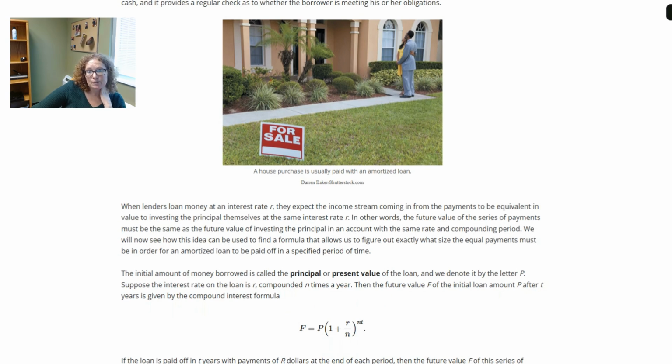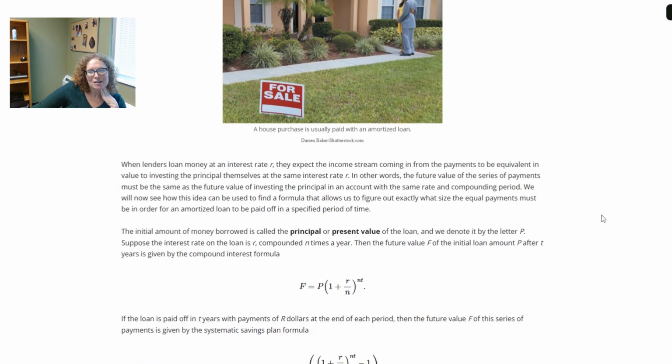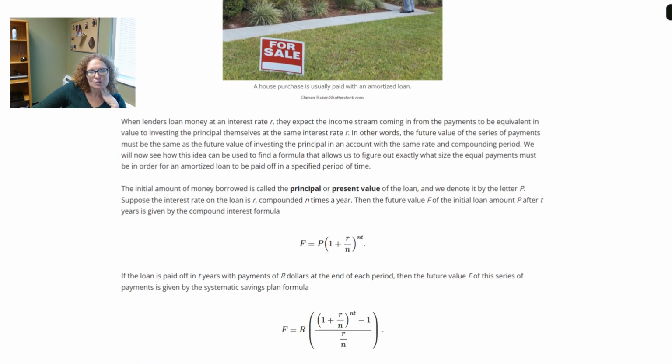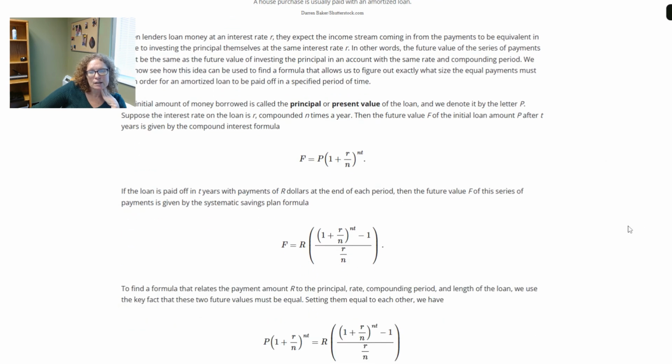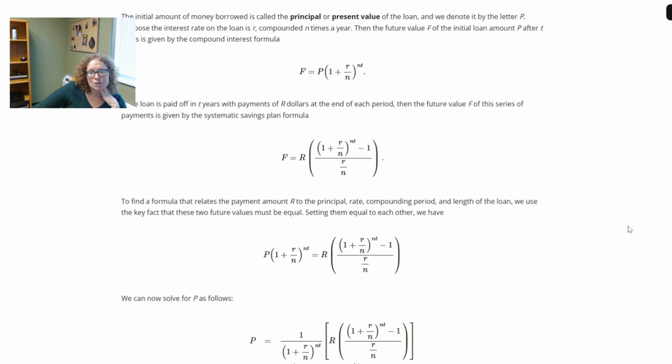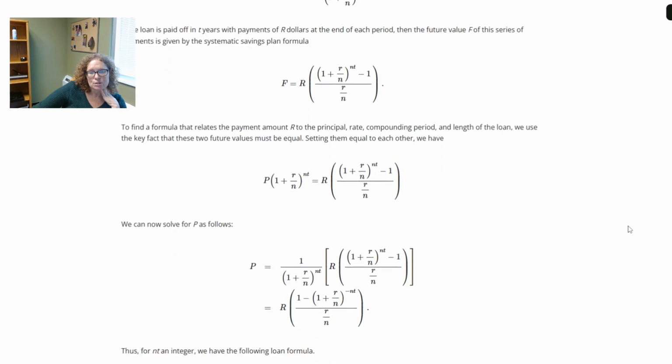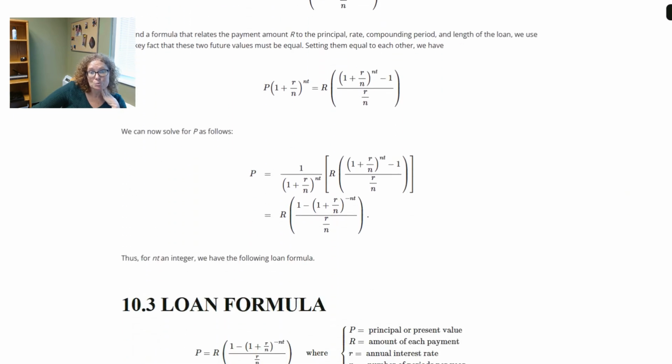We have talked about before principal or present value, and we have looked at it with the following formulas that are on the page, and those are also included in solving these problems as well.